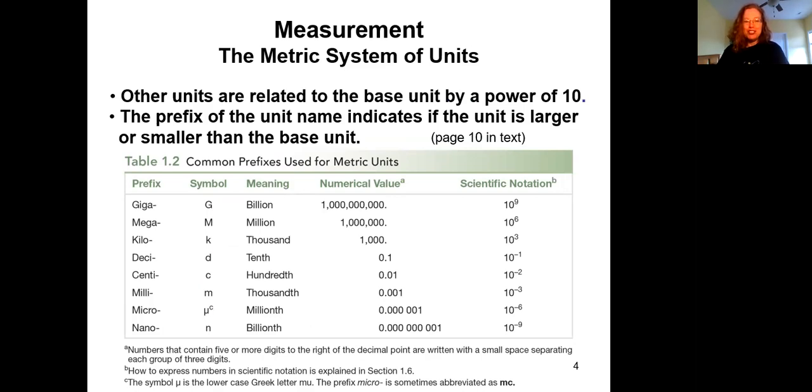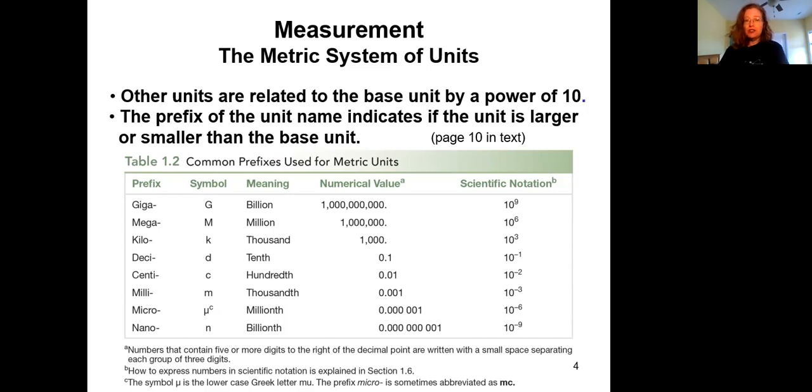That's with a capital G, and that's a billion base units. A gigabyte, byte being computer speak, would be a billion bytes. Megabytes or megawatts, again, that's a million. Kilo, we will use quite often.